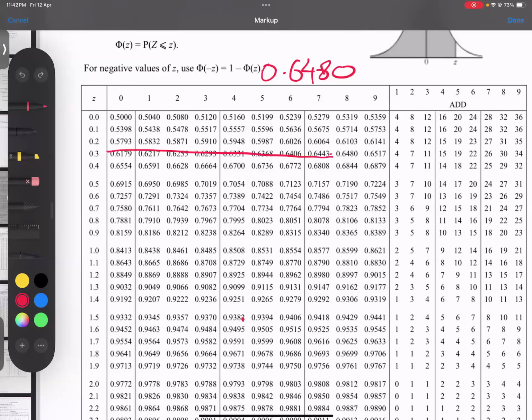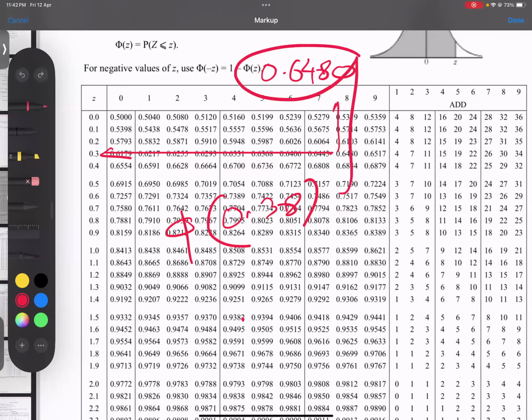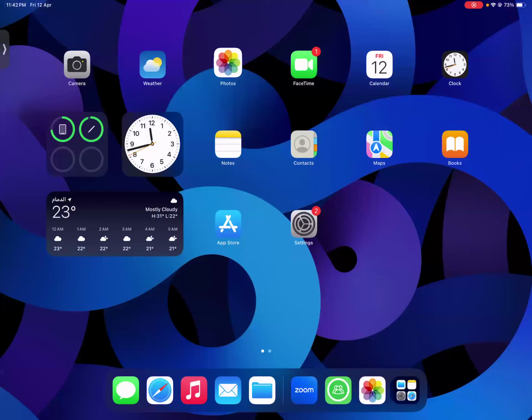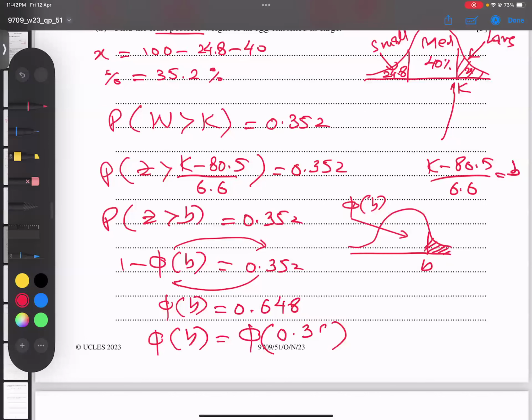So from here I got 0.3, and from here I got 8. So 0.38. So phi of 0.38 is giving us this probability. So I will remove this one and copy this one: phi of 0.38.